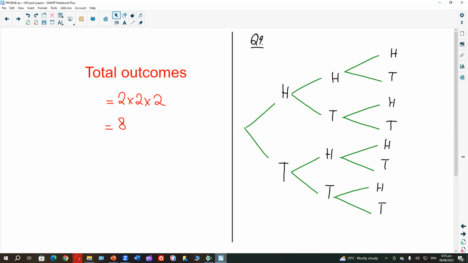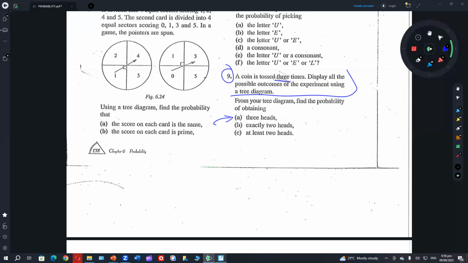So now see the first part, try it. Yes. 3 heads.